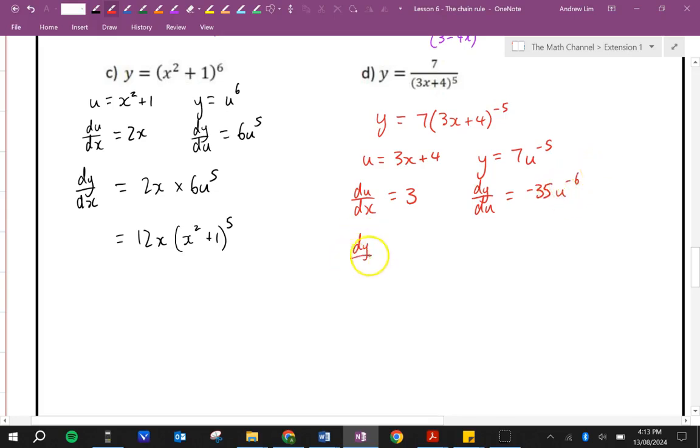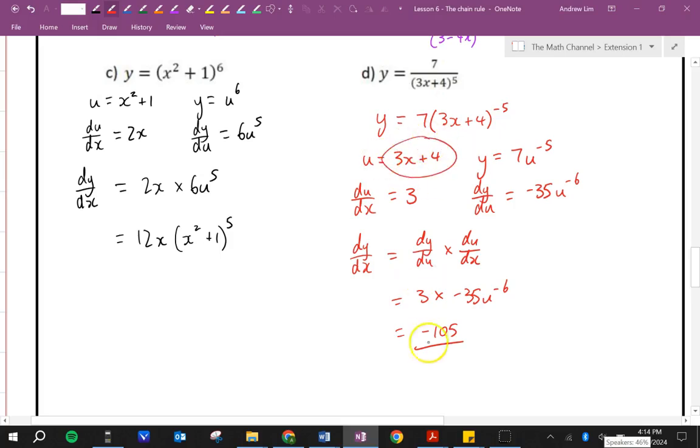And so dy/dx is dy/du times du/dx, 3 times negative 35u to the negative 6. 3 times negative 35, I'm pretty sure that's negative 105. I'm going to put this in a denominator with a positive power 6. But instead of writing u to the power 6, I'll be writing 3x plus 4 in brackets to the power 6. Okay, so I hope you got those ones correct.